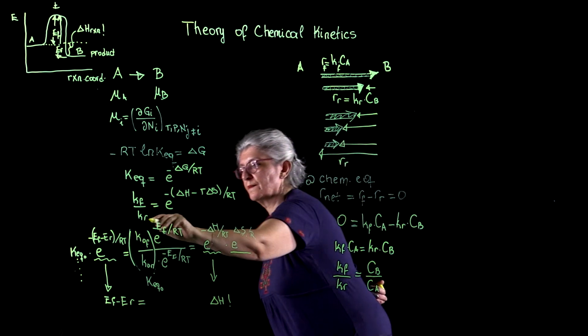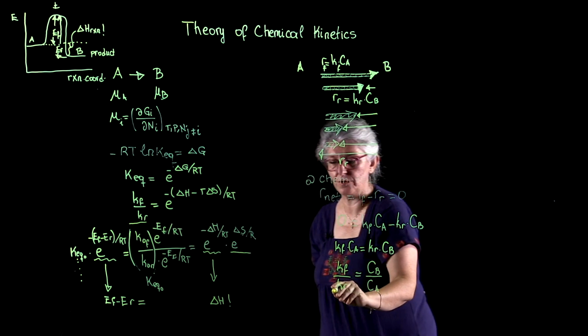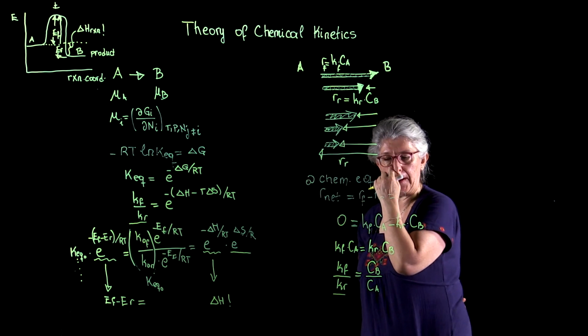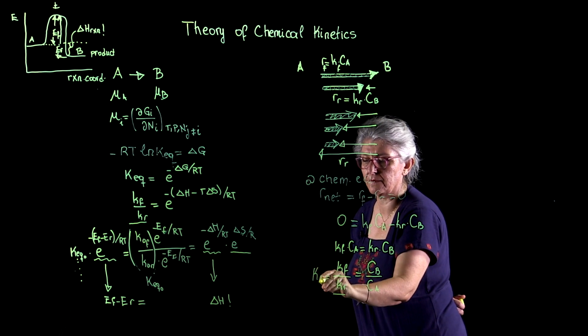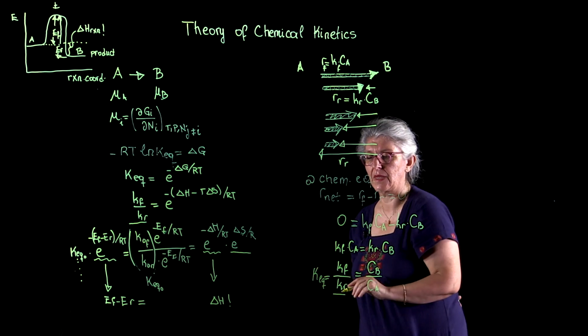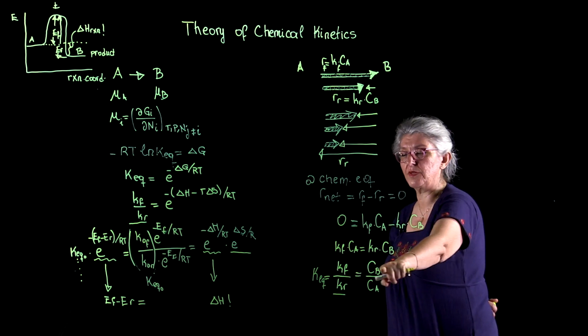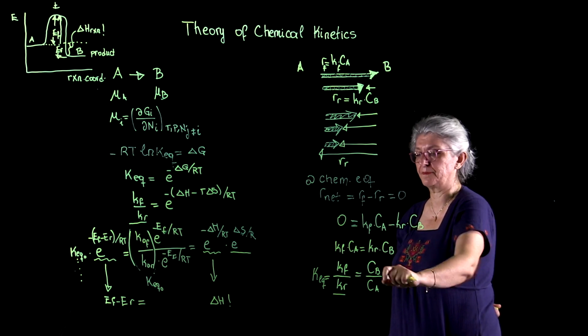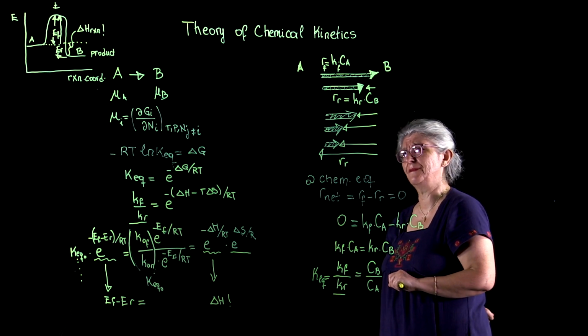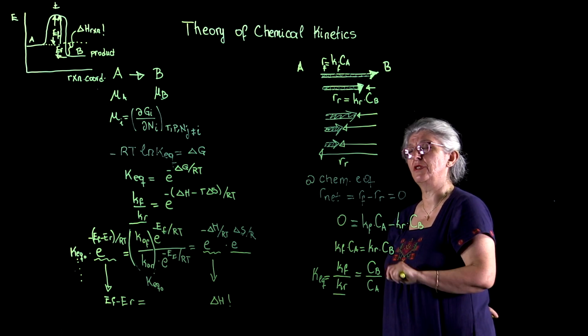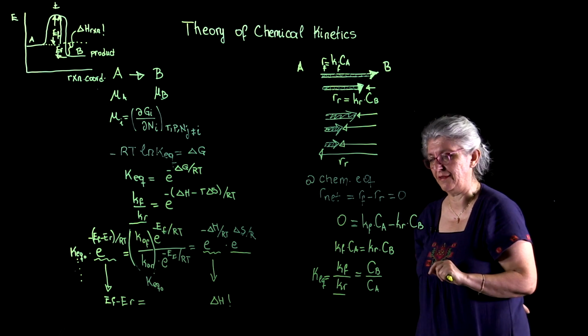Remember that we have the same term here and here. And this is the equilibrium constant. Now we have related the equilibrium constant to the concentrations for this elementary unimolecular A goes to B type of reaction.